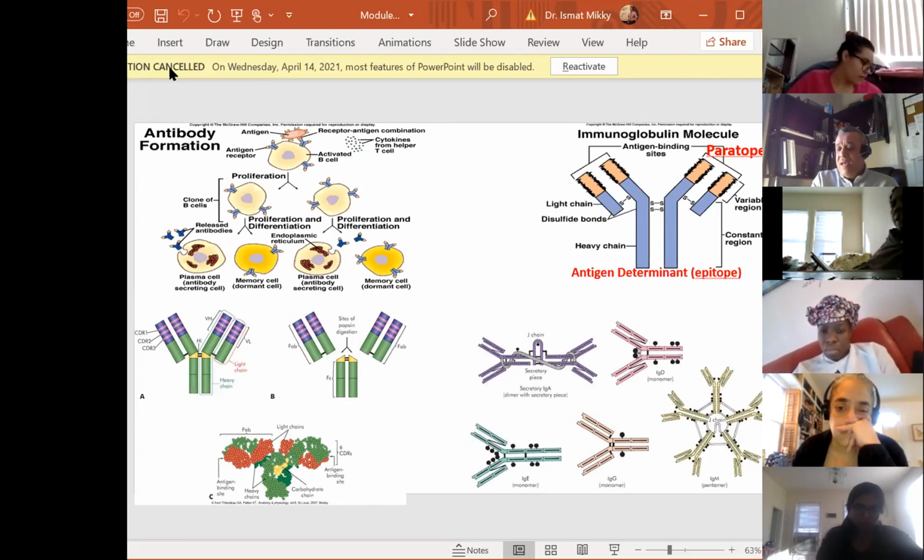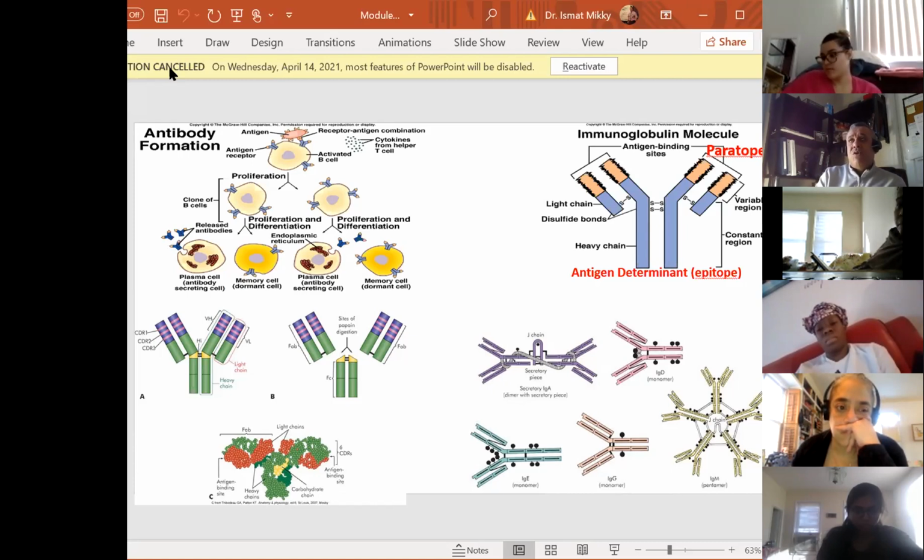The IgA is a type of antibody mostly present in the bodily fluids: urine, secretions, saliva, all different types of fluids in our body. So we have lots of IgA antibodies or immunoglobulins present in the bodily fluids.